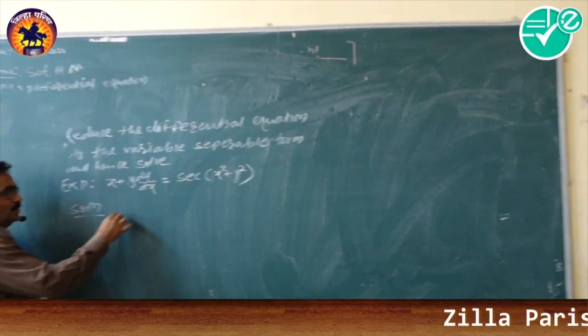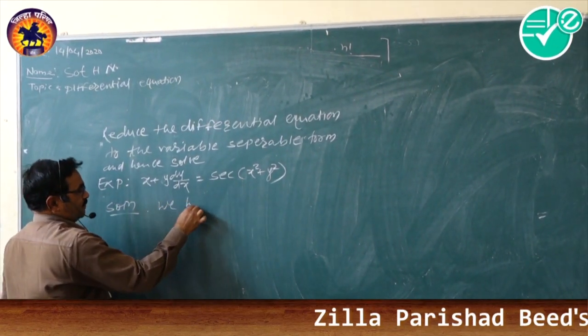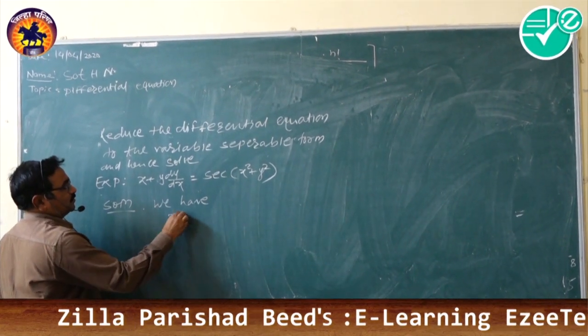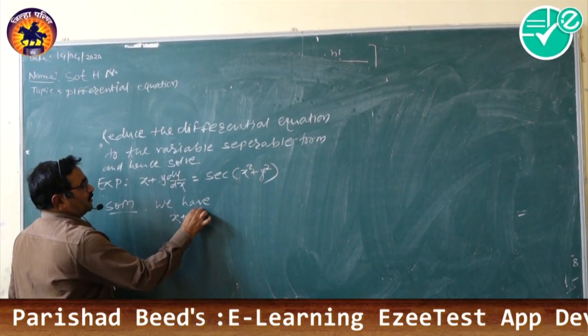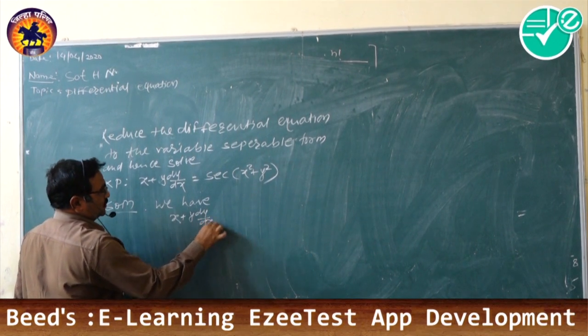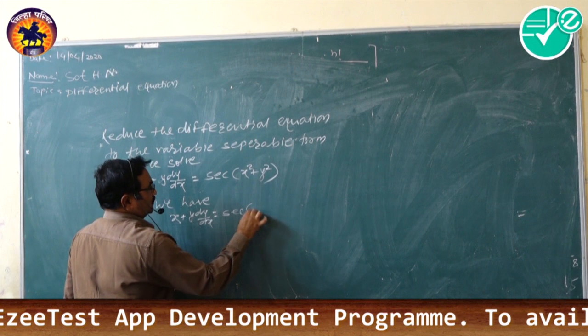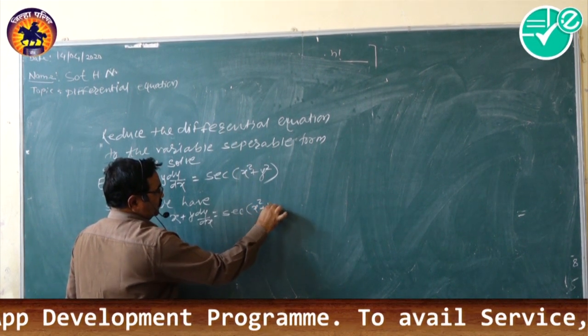Solution: we have (x + y) dy/dx = sec(x² + y²).